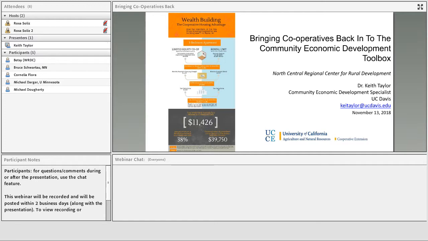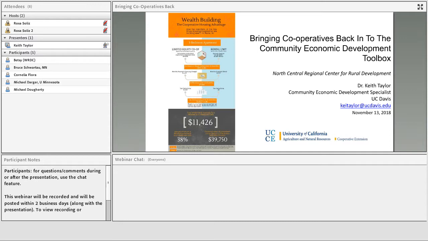So an example is this market-based rental unit, a 3-bedroom, 2-bath in Davis is going to go for about $2,600 a month. This limited equity housing cooperative that you see here, it's going for around $1,200 a month. So the savings are pretty significant. That's something we could talk about later.